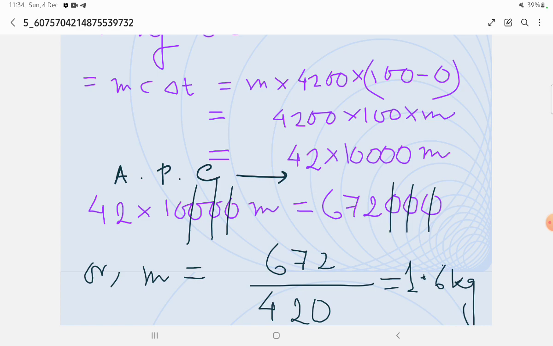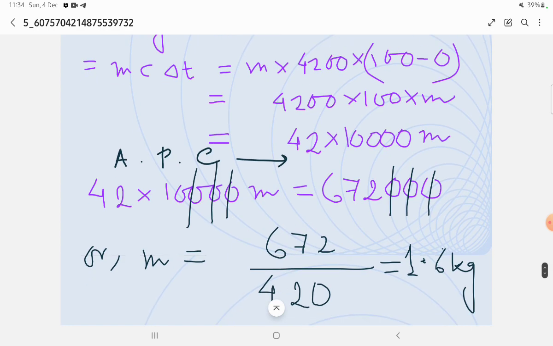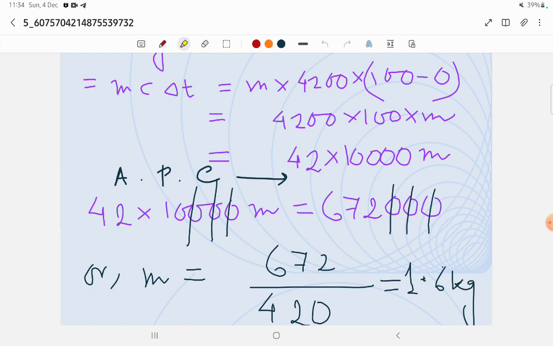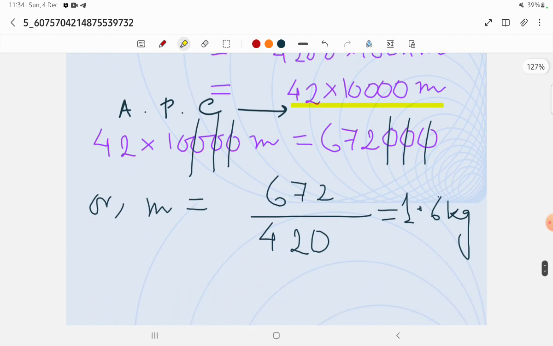I have to mention the temperature simultaneously. Okay, so this is the amount of heat energy that is supplied by the hot water. So this will be gained by the 2 kg ice. So from this I will be able to find out the amount of water that was taken to melt 2 kg ice.